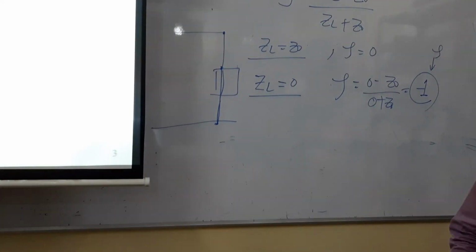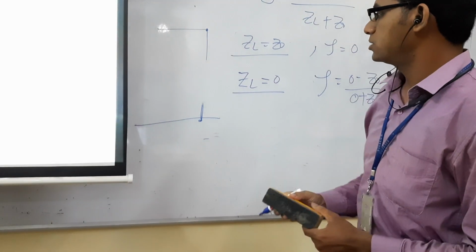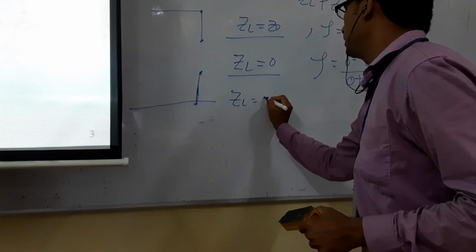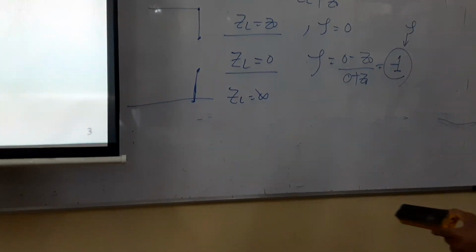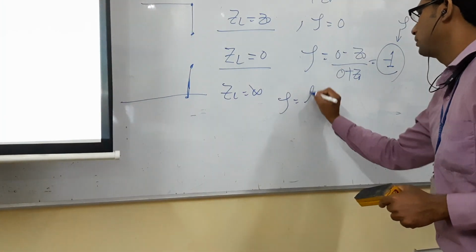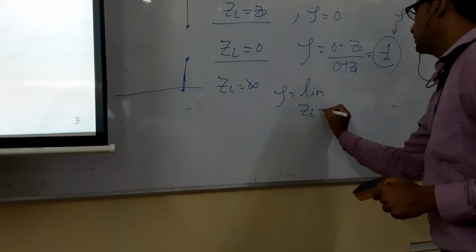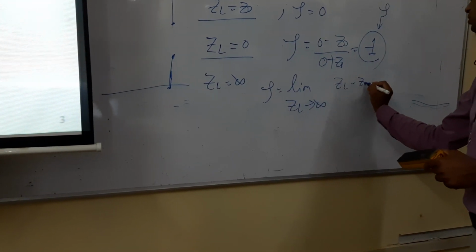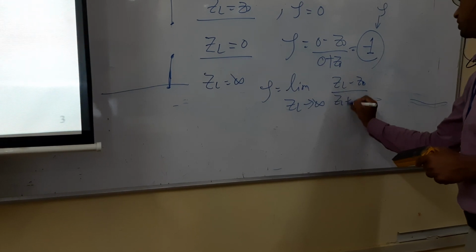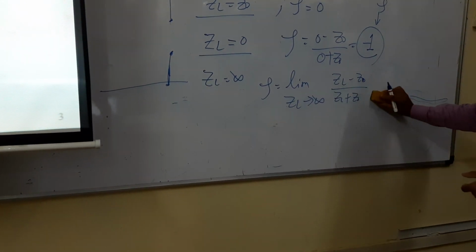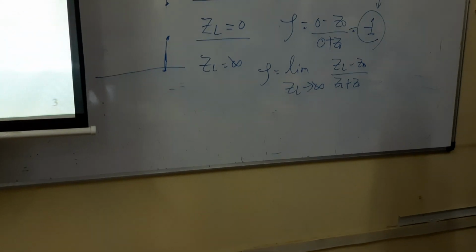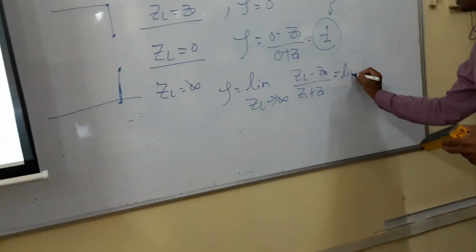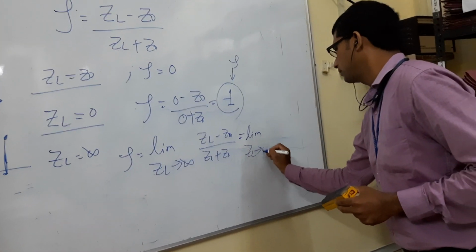Suppose you have an open circuit line. For an open circuit line, the load is open circuited, so ZL equals infinity. Now put the limit ZL tends to infinity in ZL minus Z0 by ZL plus Z0. Let us divide the numerator and denominator by ZL.